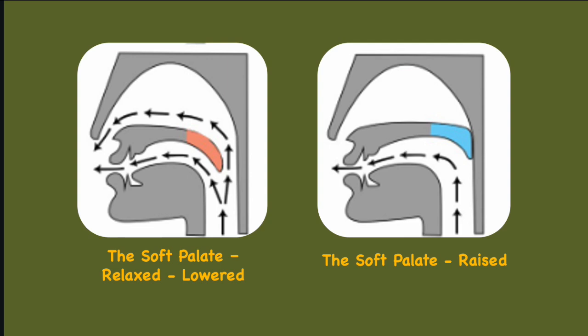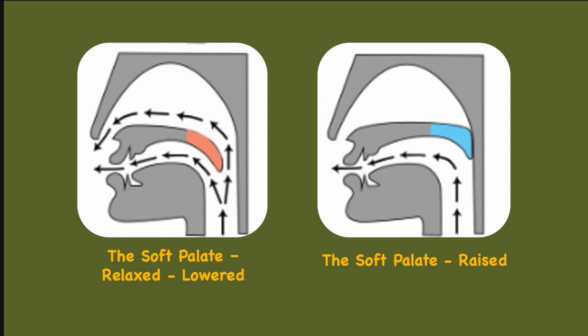When the soft palate is raised to press against the back wall of the pharynx, it closes off the nasal cavity, as you see. This allows air to exit only through the mouth.